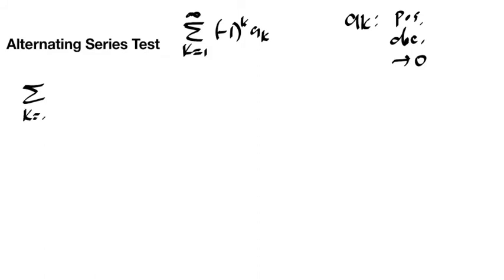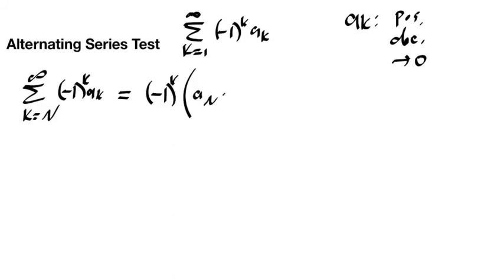The tail, the sum as k goes from capital N to infinity of (-1)^k a_k, is equal to (-1)^k. Let's just factor all those (-1)^k's out, and then I get a_N minus a_{N+1} plus a_{N+2} minus a_{N+3} plus ... and we go back and forth, back and forth, back and forth.